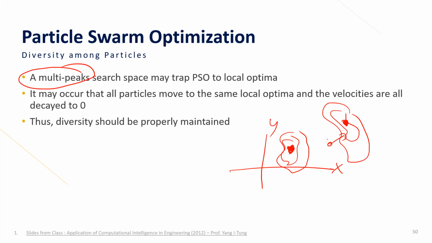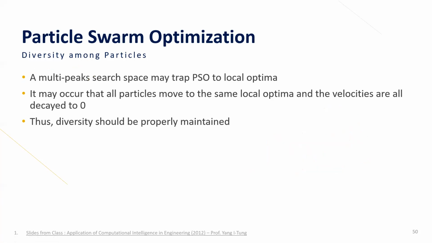So your particle will be confused. Sometimes it goes here, sometimes it goes here, because it has two good directions. In this case, we are basically okay with that. It is even better if the particle can explore more area before it concludes that the current area is the best one.